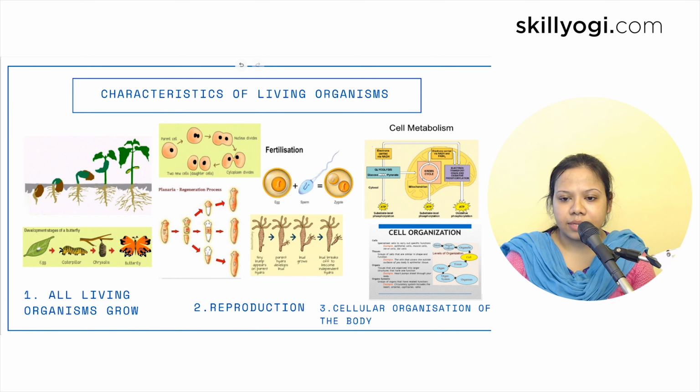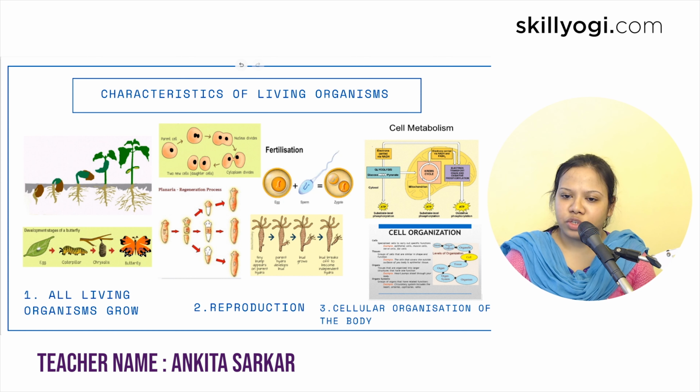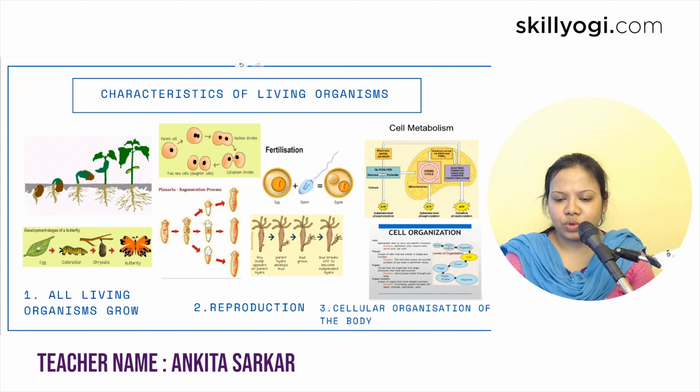Those organisms which are capable of producing offspring that look like their parents, this process is known as reproduction. In the living world, there are different types of reproduction. Some are sexual, some are asexual.